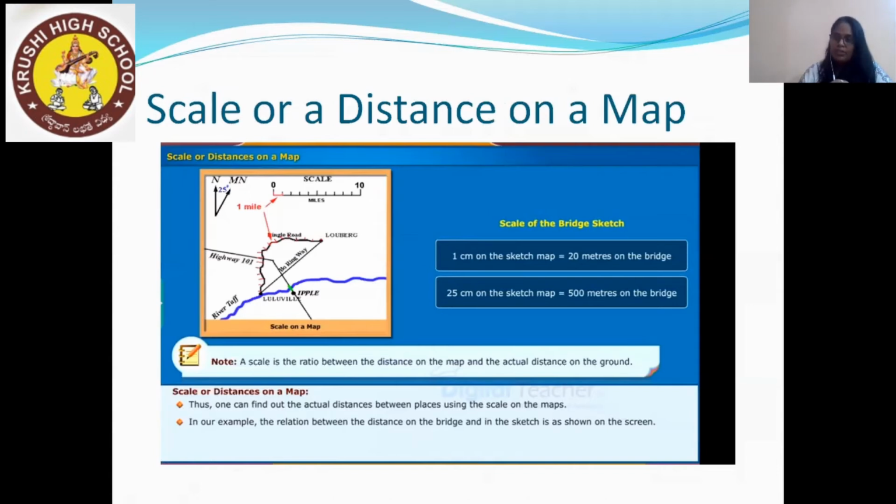It is the ratio between the distance on the map and the actual distance on the ground, showing what the distance is on the ground and how much ratio they have used on the scale. Is that clear, children? Thus one can find out the actual distance between places by using the scale on a map.